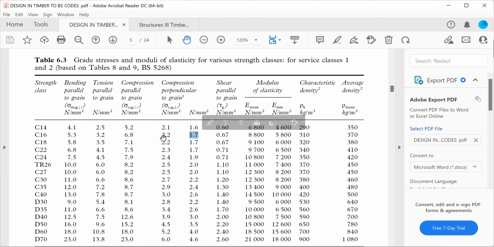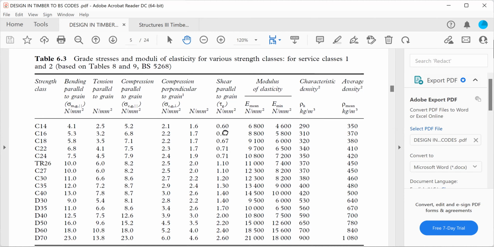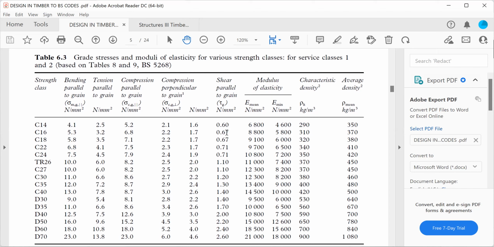So we are not taking 2.2 Newton per millimeter squared because the question didn't specify that wane was prohibited from occurring. Under compression perpendicular to the grain, we shall adopt the smaller value, which is 1.7 Newton per millimeter squared. Shear parallel to the grain is 0.67 Newton per square millimeter.